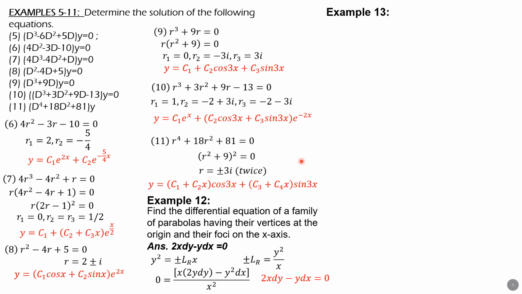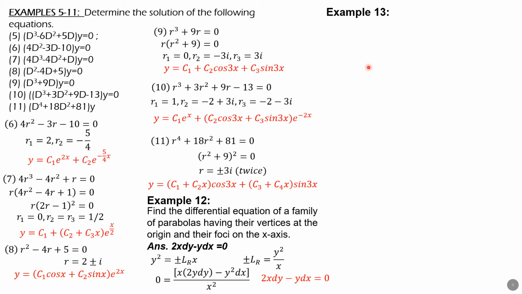Sample 13, find the differential equation of family of circles with center on the x-axis with given radius. So we have two arbitrary constants here. The x coordinate of the center, which is denoted by h, and the second constant or variable of integration here is the radius of the circle.